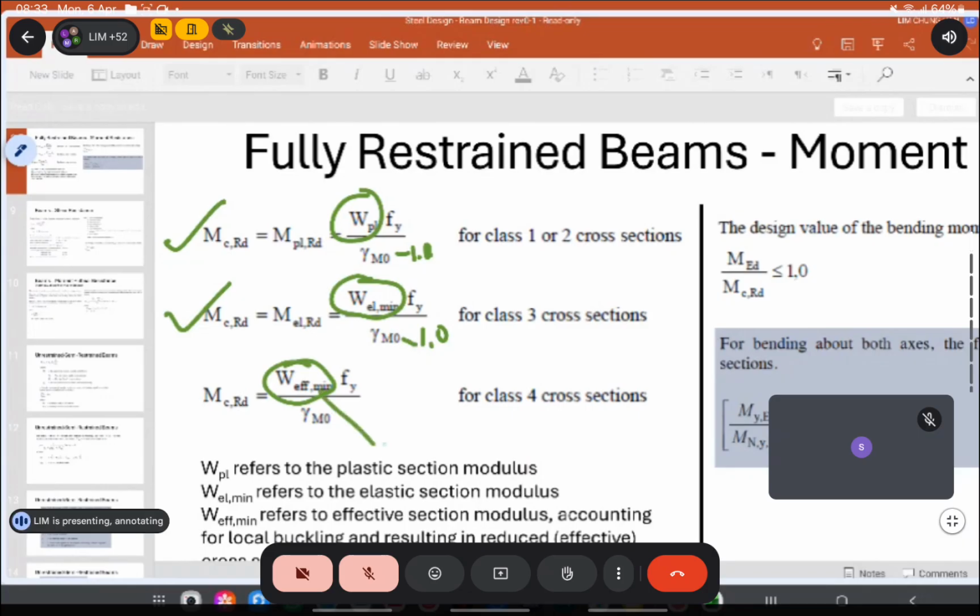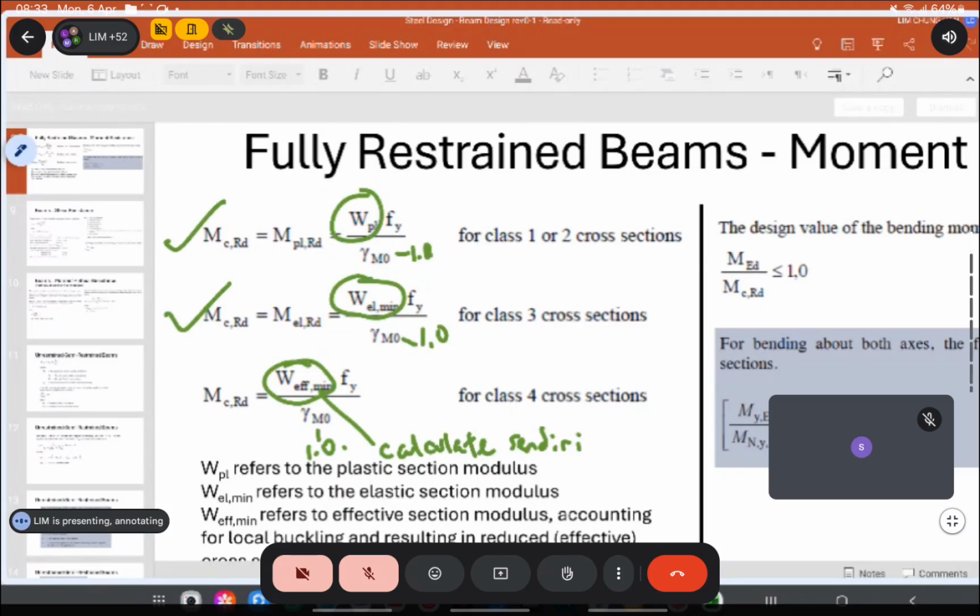Yang ini kena calculate sendiri. So you have to use the W effective times the steel yield strength divided by gamma m naught, which again is still 1. So you can see the only difference between class 1, class 2, class 3, and class 4 is the W. W saja yang berbeza, yang semua lain sama. Only W is different. Everything else is the same.